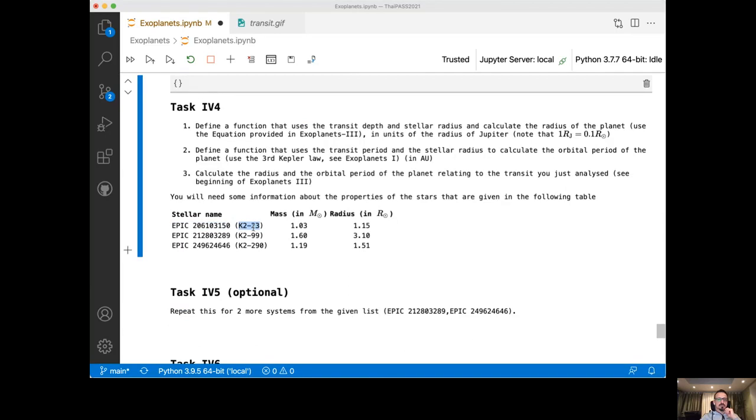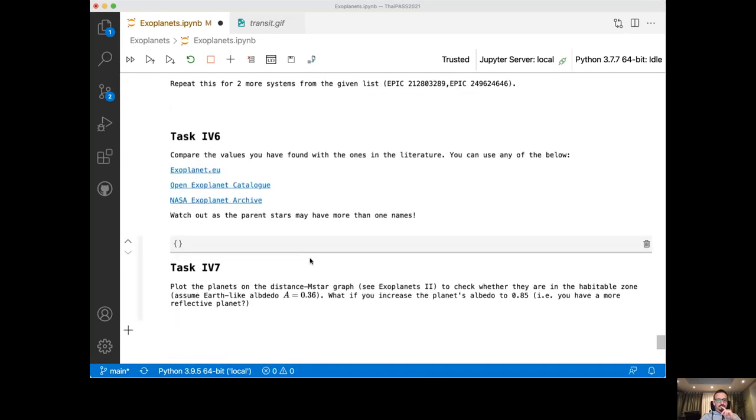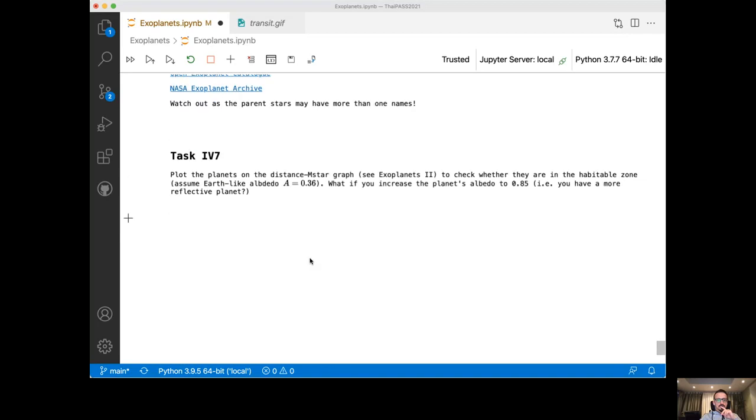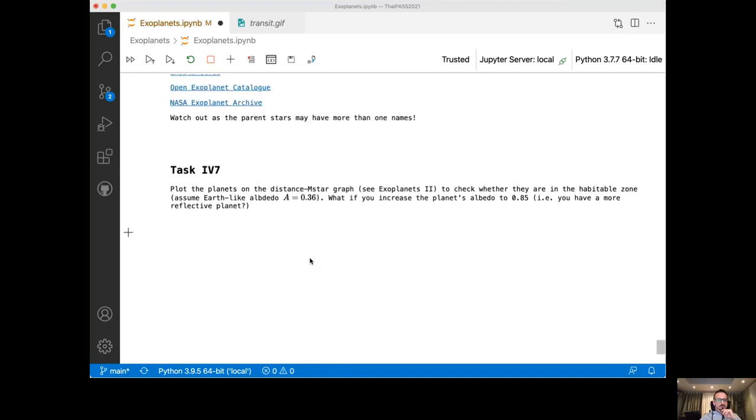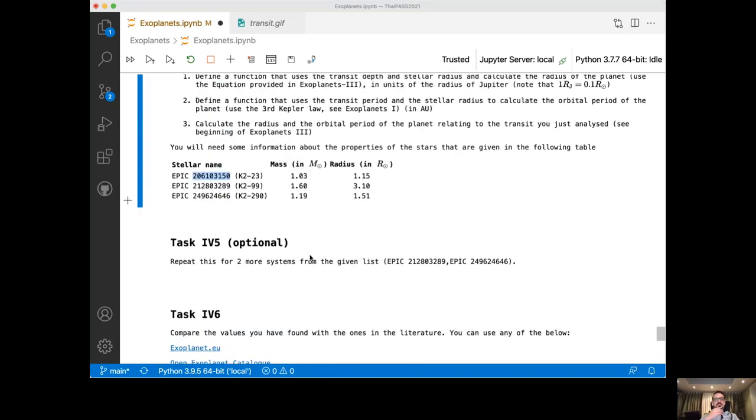So K2-23 is the same star as EPIC, all this kind of big number. Okay, so probably you're a bit confused now, but I think once you go step by step through these tasks, it will be clearer.